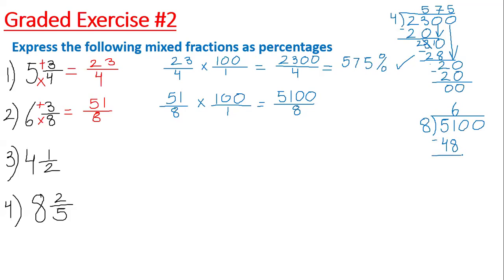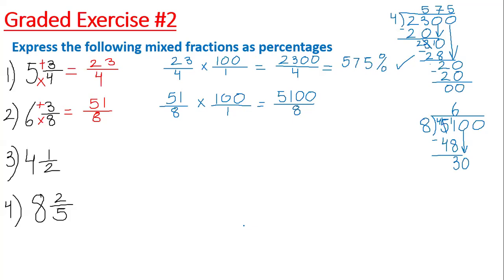And so we say 51 minus 48 is what? That's going to be 3. 11 minus 8 is what? It's 3. We bring down the 0. How many times does 8 go into 30?